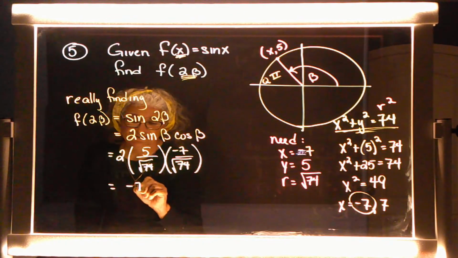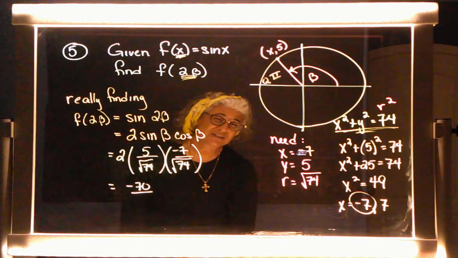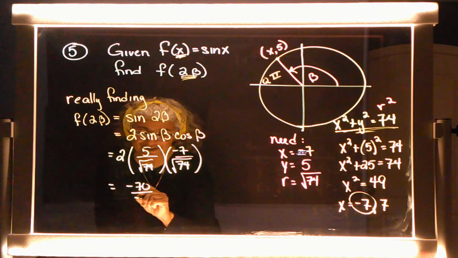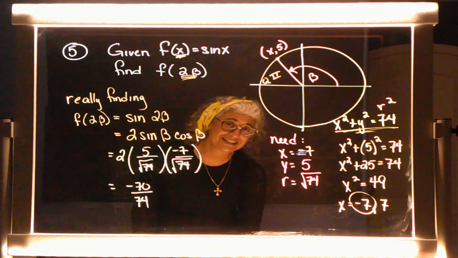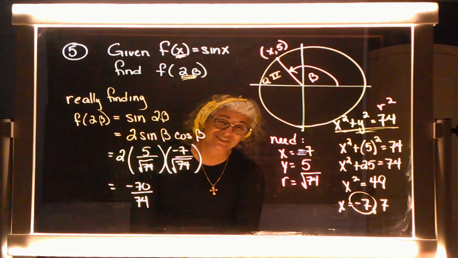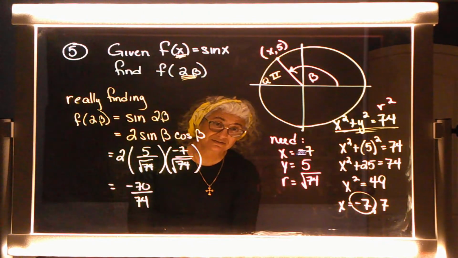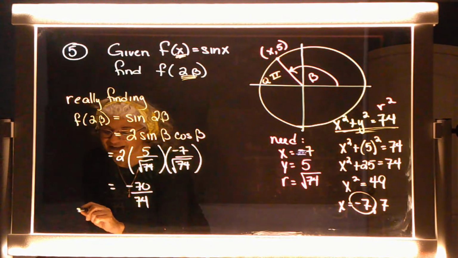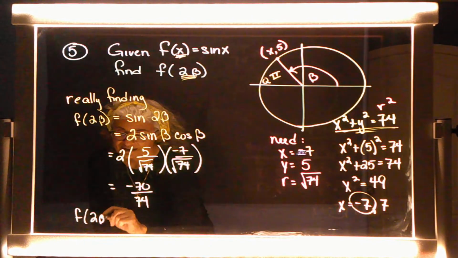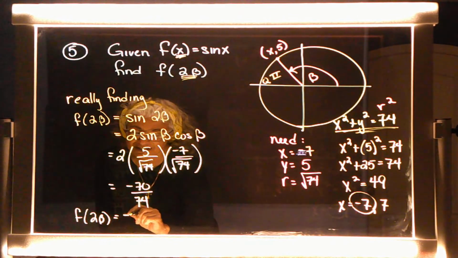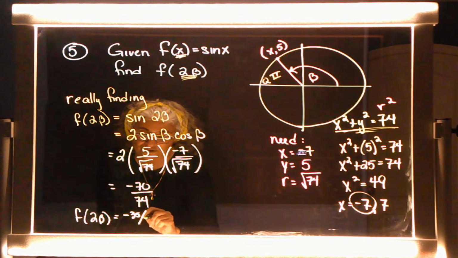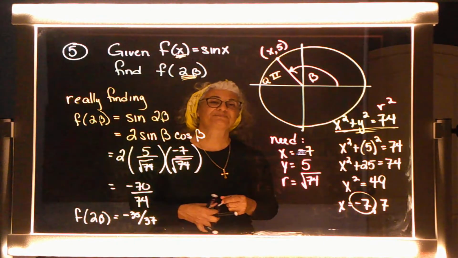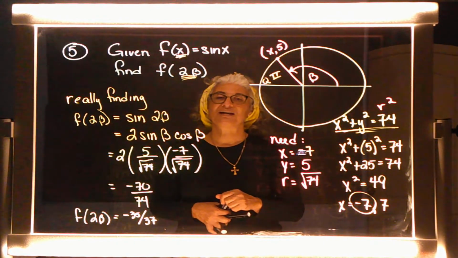I get a negative 70. What's the square root of 74 times itself? Yeah, 74. That's why I didn't rationalize it, because it took care of itself. Cool? Okay, which means that f of 2 beta is equal to negative 35 over 37, because you had to reduce the fraction. Good? Okay, hang in there.